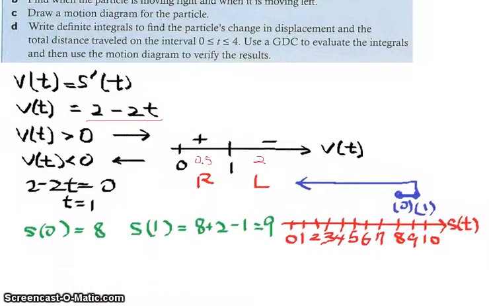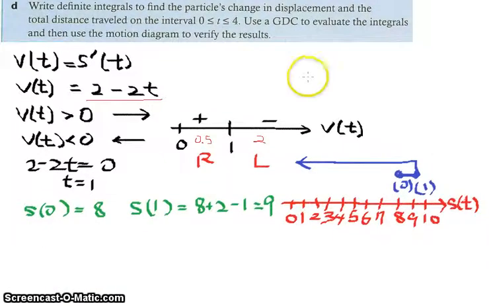So let's scroll down a little bit, have more space. So for the displacement, we are talking about from 0 to 4. Right? So displacement, we don't really care about how far did we go. All I cared about is where is my object when my time is equal to 0, and where is my object when time is equal to 4, and how far they are from each other.